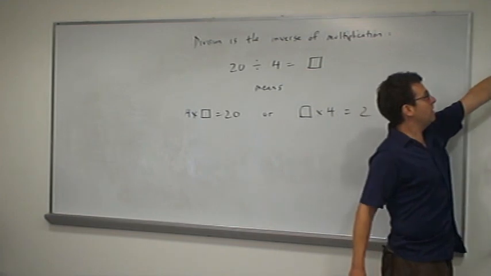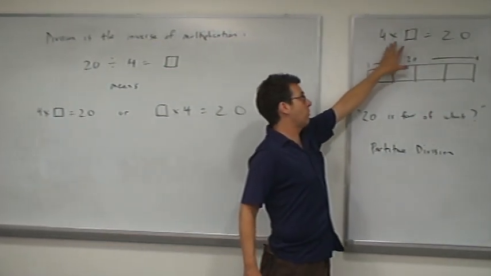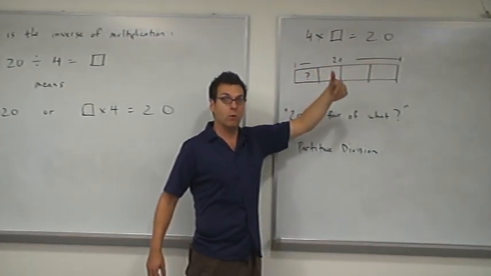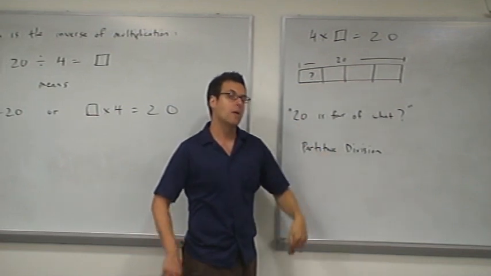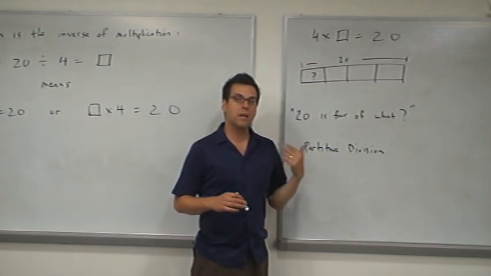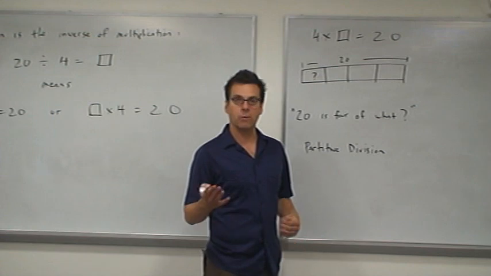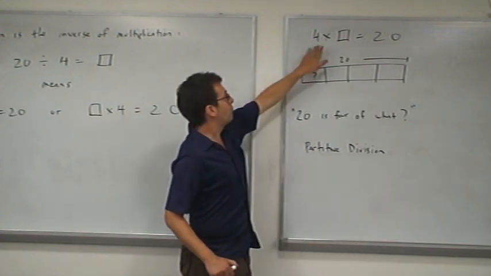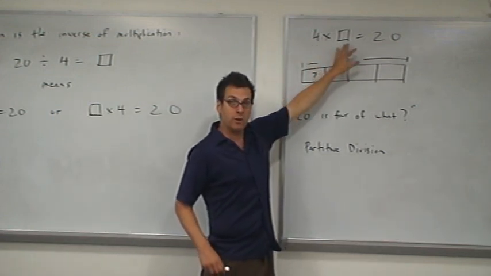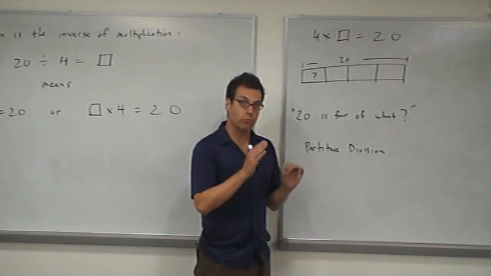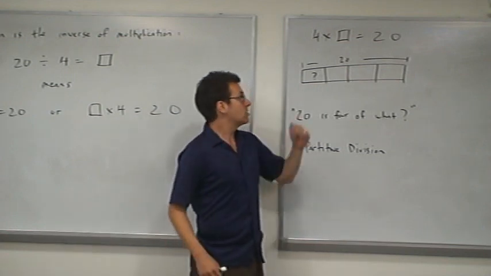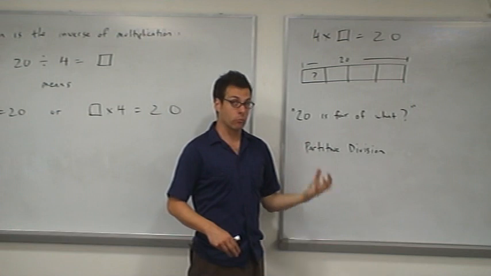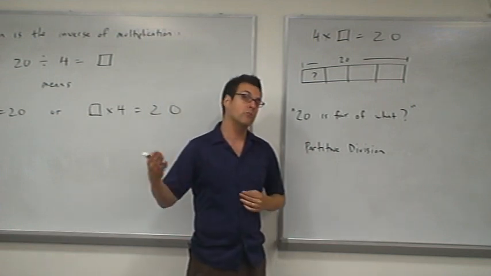So if we start with the number sentence 4 times blank equals 20, which again we know is equivalent to 20 divided by 4, then if we think about the set model of multiplication that we talked about in our previous clip, 4 times blank can be interpreted as 4 groups of some number. So in this number sentence, we have that 4 groups of some number is equal to 20.